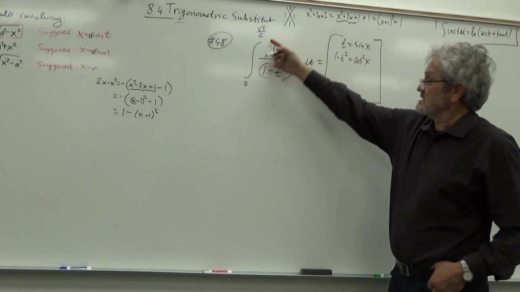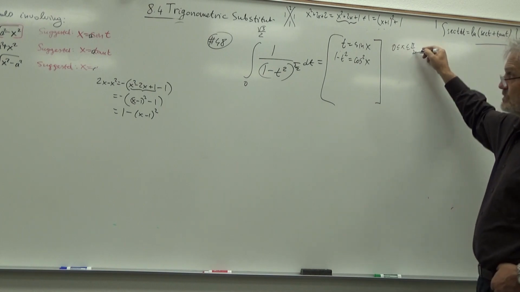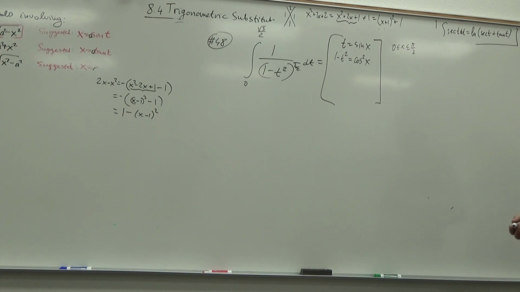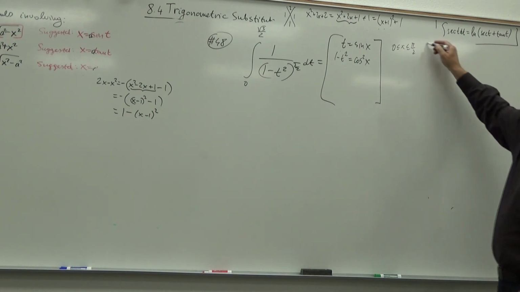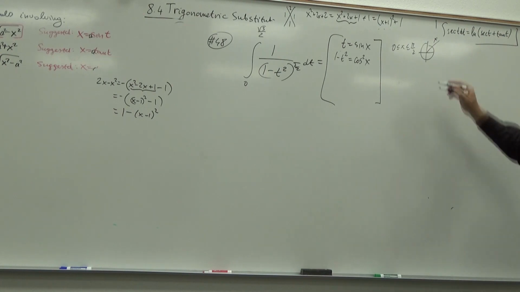Since t is positive, we know that our x is between 0 and pi over 2, because if it were negative, I would take the fourth quadrant. Here we just take the first quadrant, so that's our angle x. So we are quite comfortable that cosine x is positive and all that.